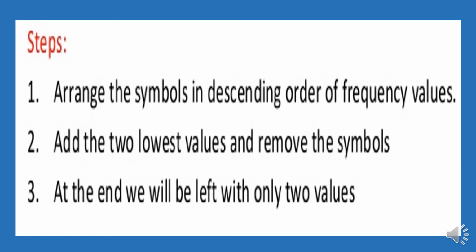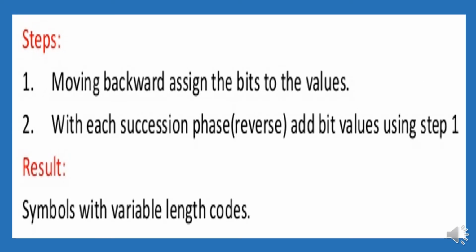Third, at the end we will be left with only 2 values. Next, moving backward, assign the bits to the values. With each succession phase, add bit values using step 1. The result is we will get the symbols with the variable length codes.